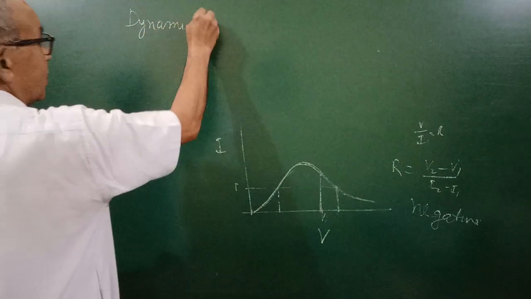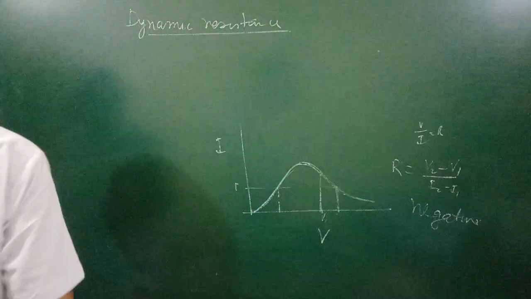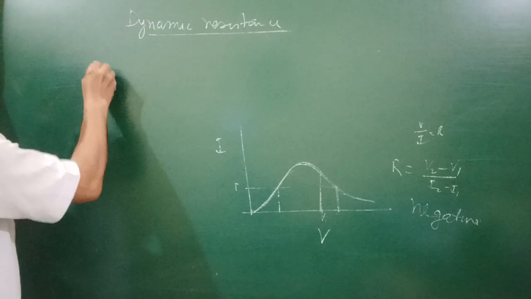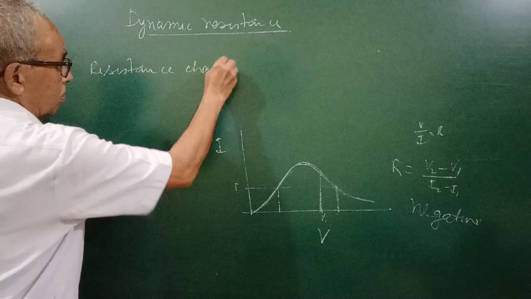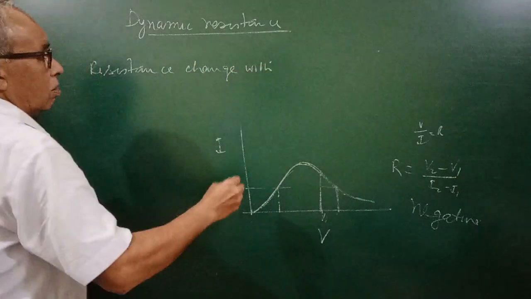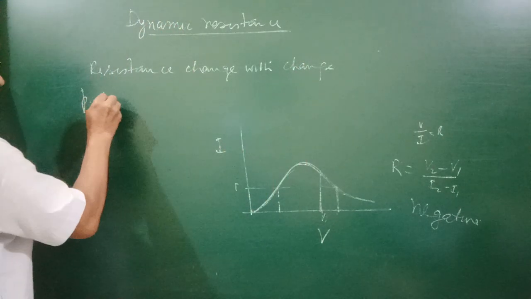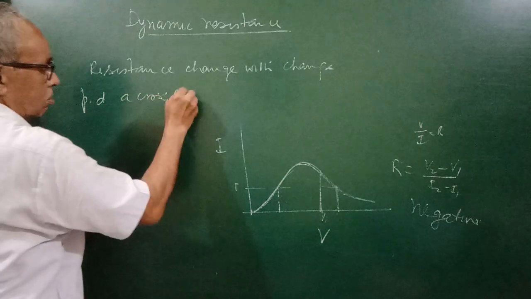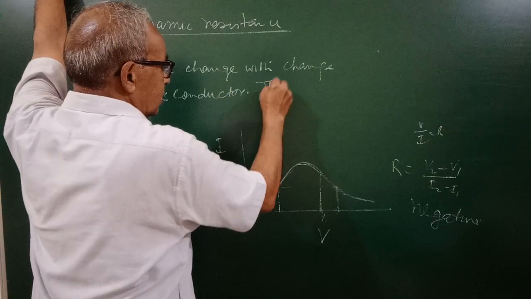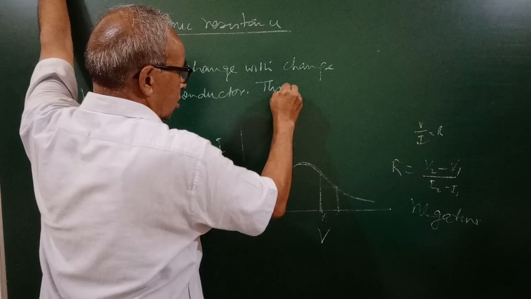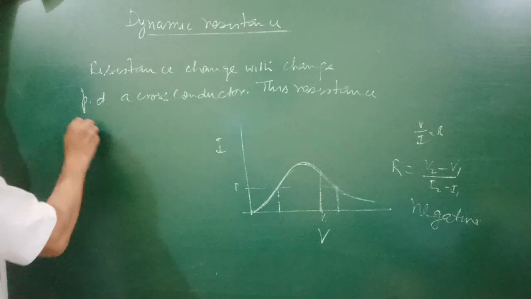Dynamic resistance means that in some cases, like this change in curve, resistance changes with change of potential difference across the conductor. That is called dynamic resistance.